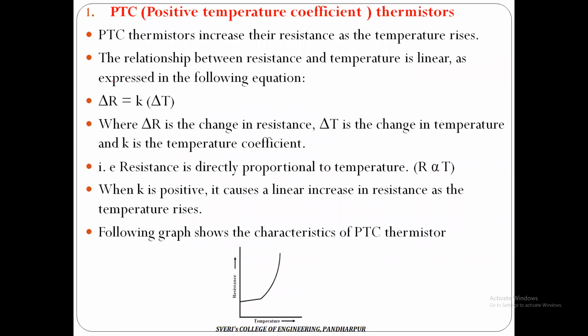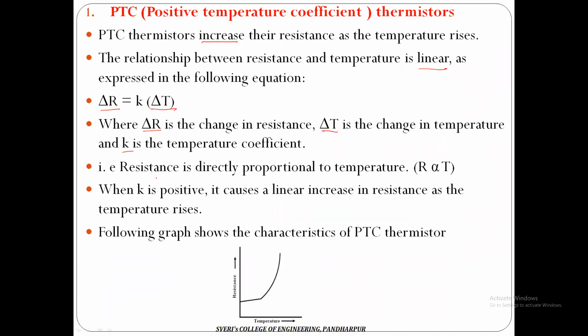Now please have a look at it. See that a PTC thermistor increases its resistance as temperature rises. Very important thing. The relation between the resistance and the temperature is linear, as the expression given: change in resistance is directly proportional to the change in temperature, where delta R is the change in resistance, delta T is the change in temperature, and K is the temperature coefficient, which is constant.